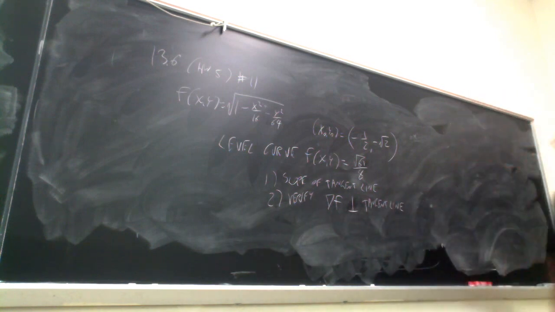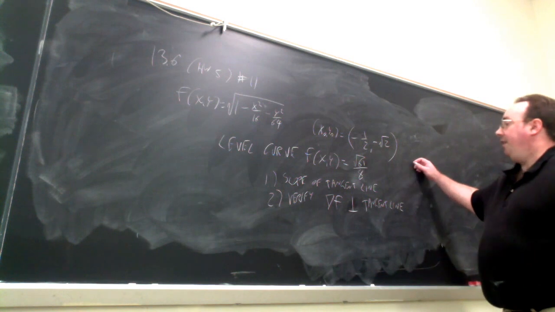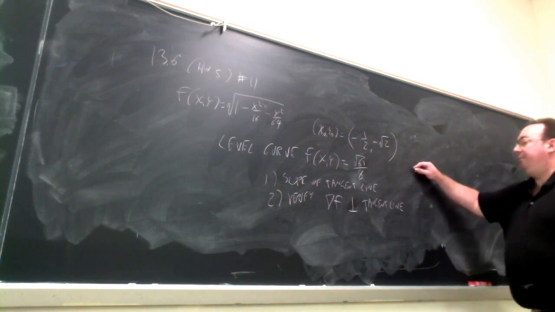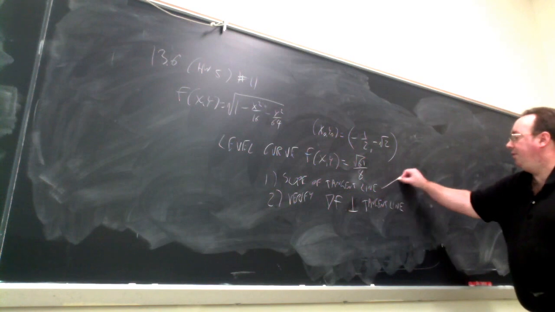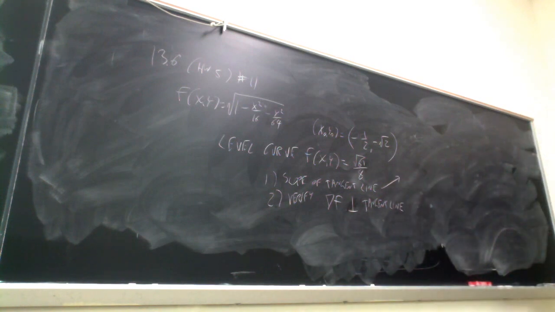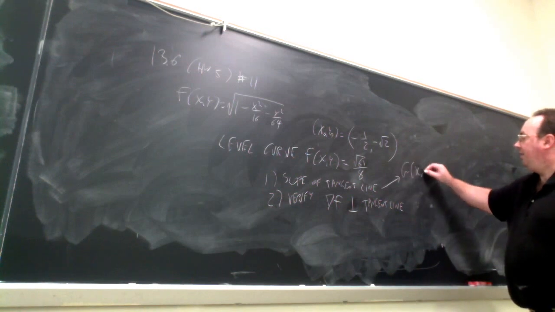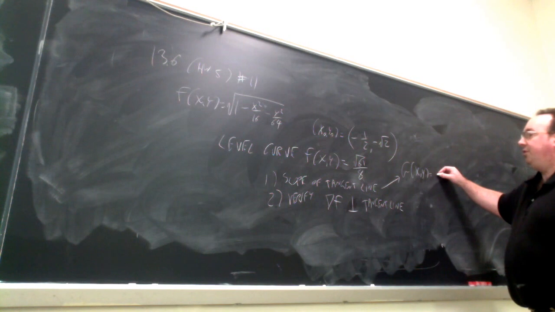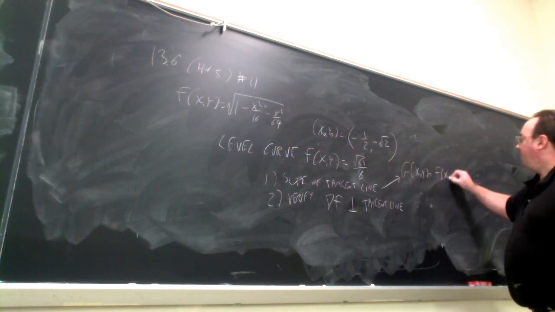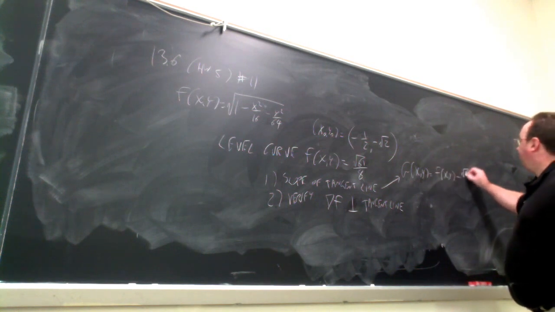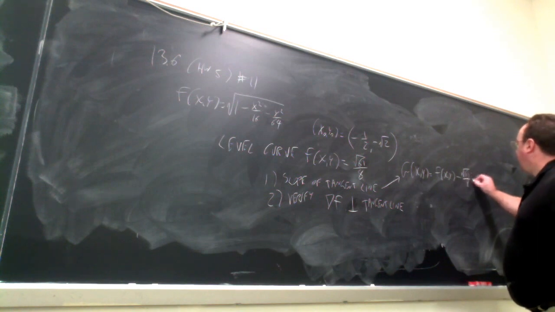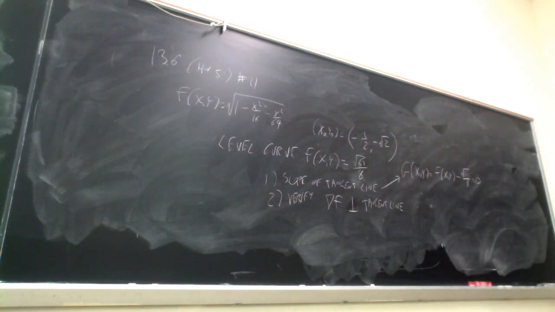So first, for the slope of a tangent line, I'm going to define a function g of x y that defines this level curve. It's just f of x y minus square root of 61 over 8, just for uniformity, so the curve is described by the equation g of x y equal to 0.